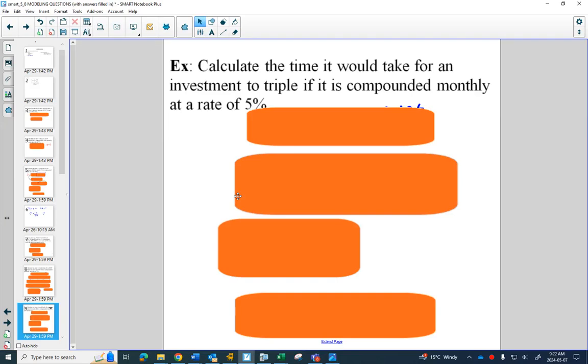The time will take the same amount of time to triple, just like it takes the same amount of time to double. Sometimes this can be a tough part on the exam because you feel like they haven't given you enough information. It just says, calculate the time it would take for an investment to triple, but they don't tell you how much the investment is.